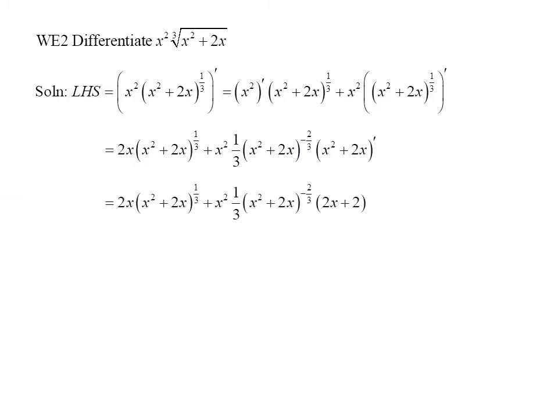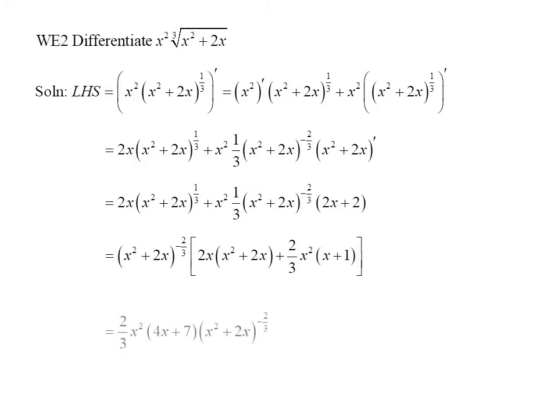After taking out the common factor (x squared plus 2x) to the negative 2/3, the remaining part can be further simplified. Finally, the derivative of the function equals 2x squared times (4x plus 7) times (x squared plus 2x) to the negative 2/3.